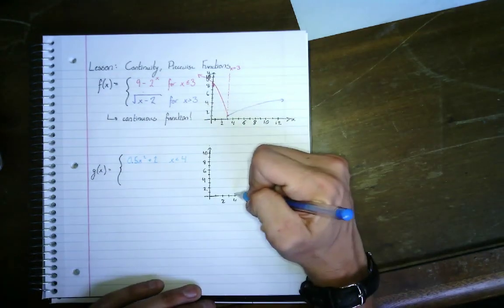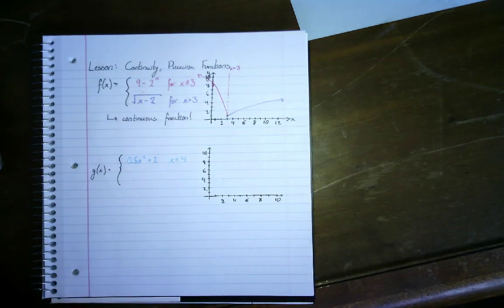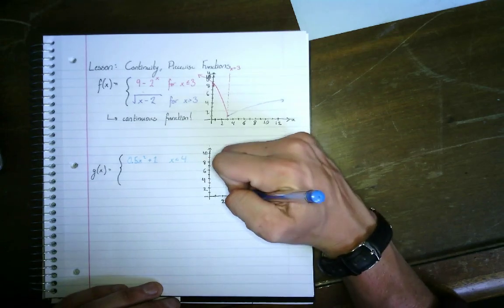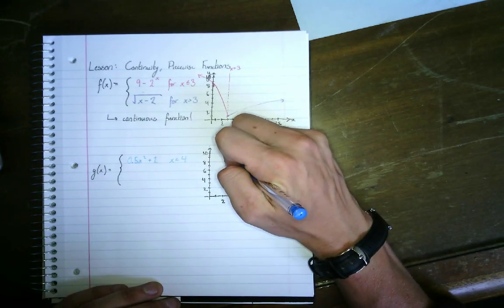So we're defining our boundary right here, x equals 4. And that is going to end right up here at 9, where notice how I left it as an open dot.